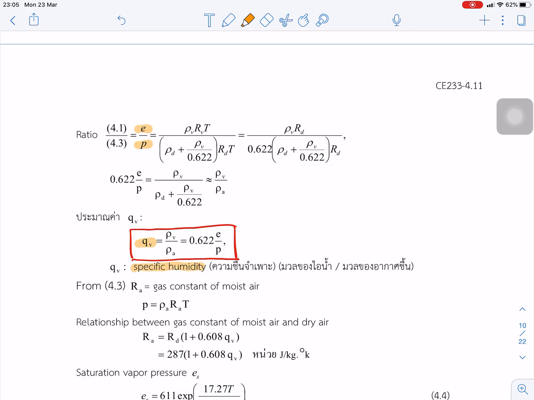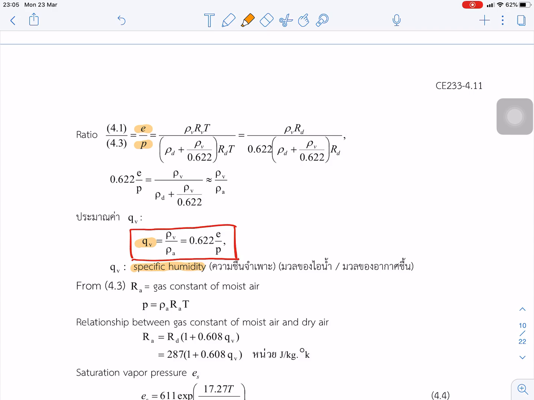It means q_v is the density of the vapor divided by the density of the moist air.